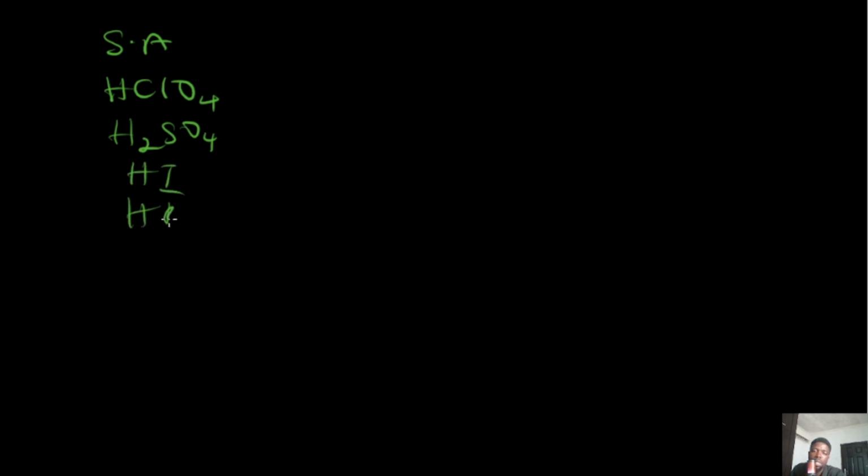So we have the examples of strong acids. Strong acids include perchloric acid, which is tetraoxochlorate 7 acid. Then you have sulfuric acid, tetraoxosulfate 6. You have hydroiodic acid, hydrobromic acid, hydrochloric acid, and trioxonitrate 5 acid.